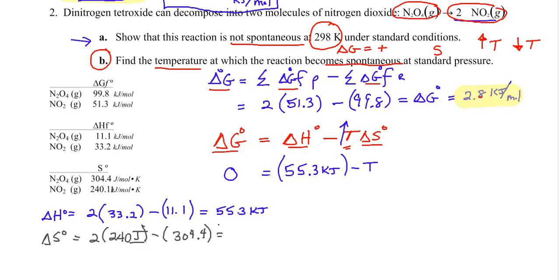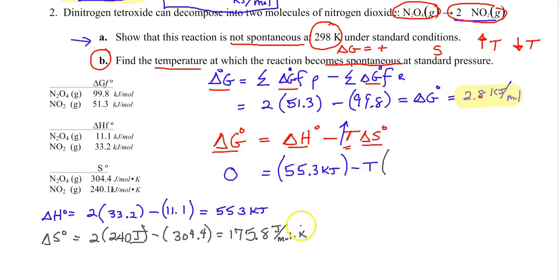So you do the math here, and it's one of them, 1 times that, right? So it's going to be 175.8, it's positive, and that's joule per mole kelvin. Now, I'm going to plug that in here. I'm going to change it to kilojoules for reasons we keep explaining.